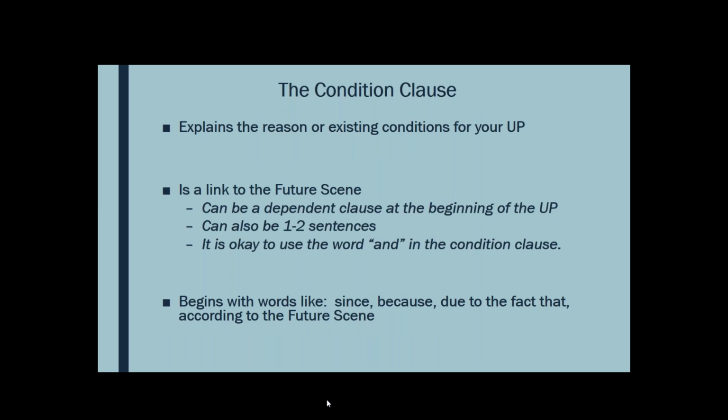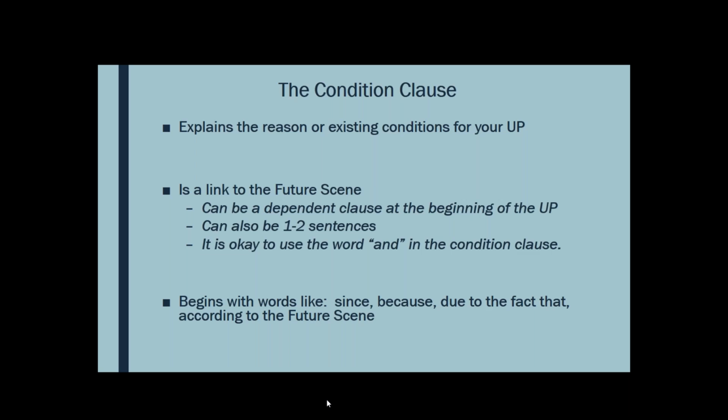The condition clause explains the reason or existing conditions for your UP. It is a link to the future scene, and it can be a dependent clause at the beginning. It can also be one complete sentence, or maybe 2 sentences to set the scene for what it is you're going to do.